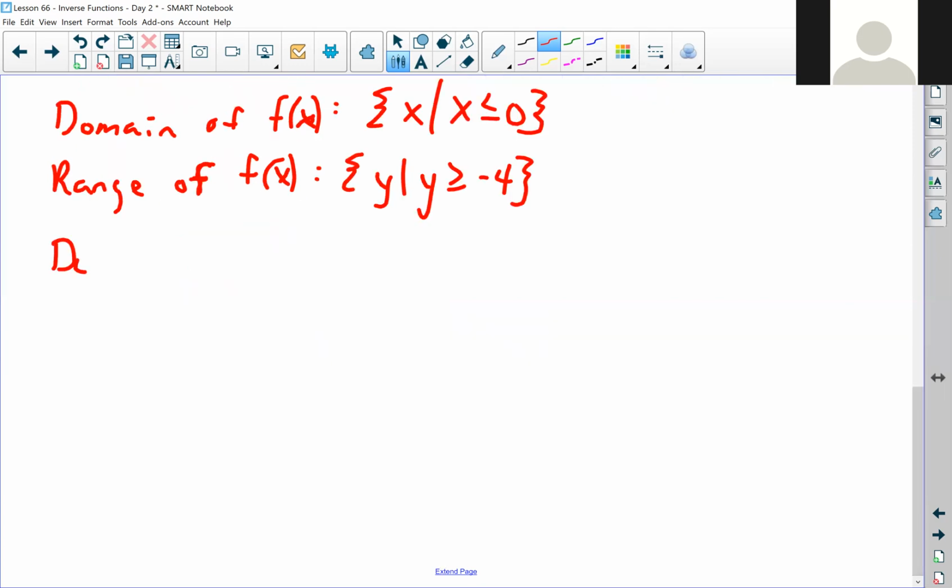For the inverse, just switch the x's and the y's. So x is going to be greater than or equal to -4.